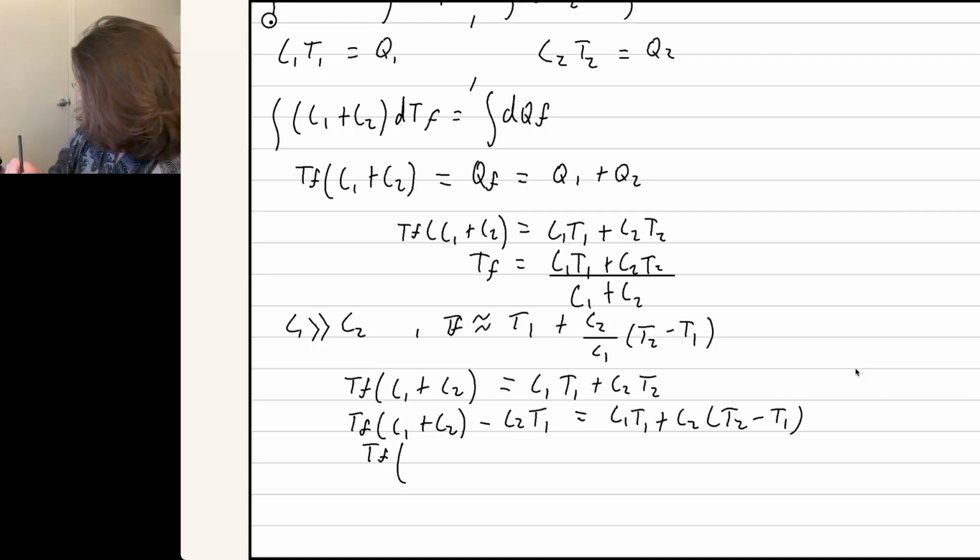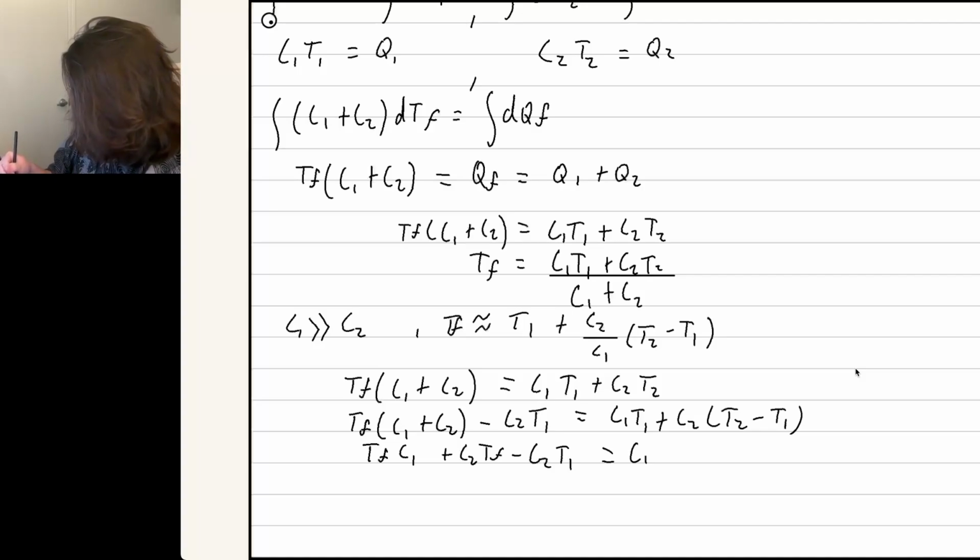So you have TF times C1 plus C2 TF minus C2 T1, and that is the stuff over there.